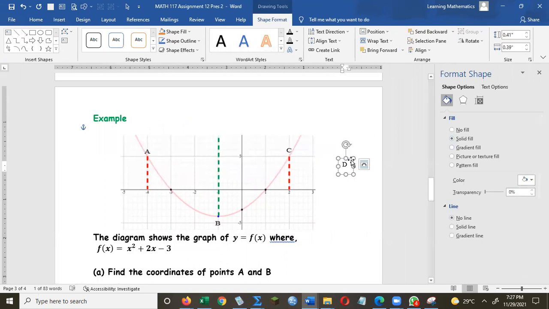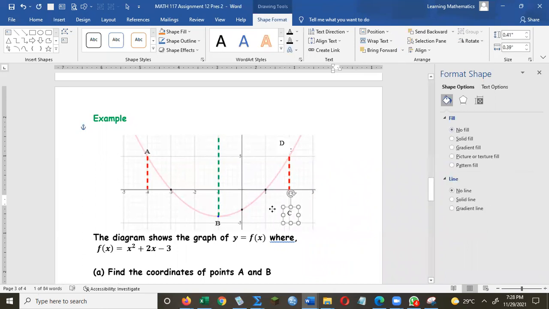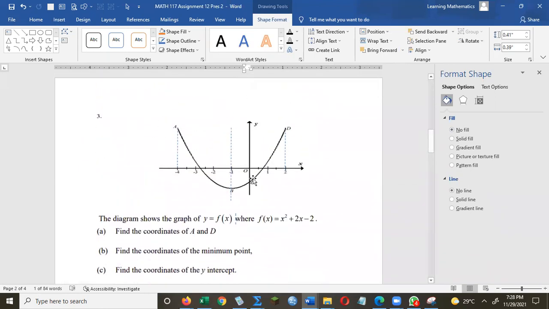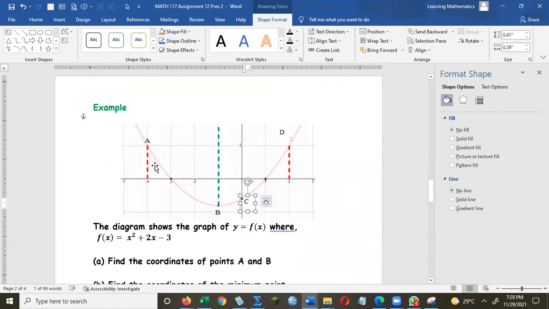Let's block the letter C. Let's call that D. And here now, we're going to call here C. So it will look like the example. Yes, so C, the y-intercept. So it will be similar to the example here: A, B, C, and D.